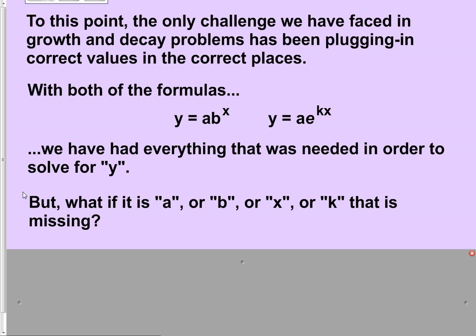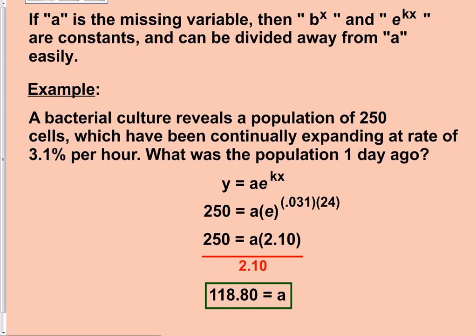What happens if we are trying to find a, the initial value, b being some rate, x being some amount of time, or k being some constant of proportionality? What happens if it is one of those four values that is missing in the formulas? All right, so let's take a look at four different types of problems, one for each of these situations.